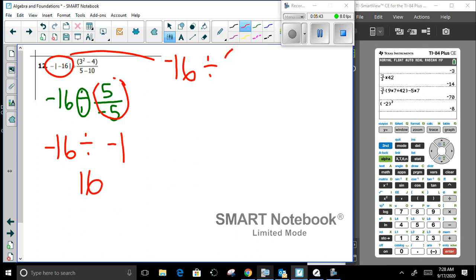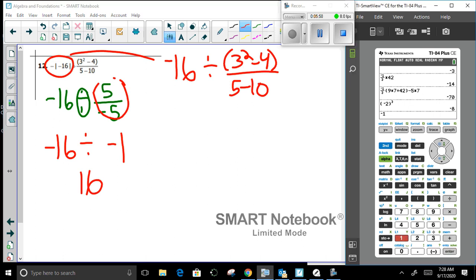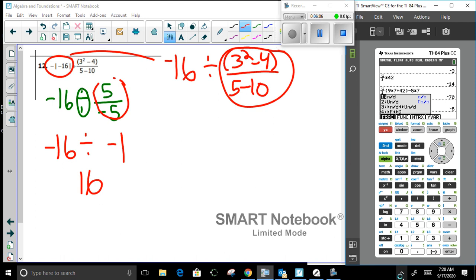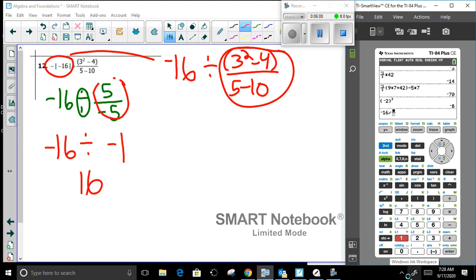If I leave that other side the way it is, I can put it in the calculator just the way I see it. So remember, negative 16 divided by, to get this whole entire fraction, remember, alpha, y equals number 1, and I want to open parentheses, 3 exponent squared.